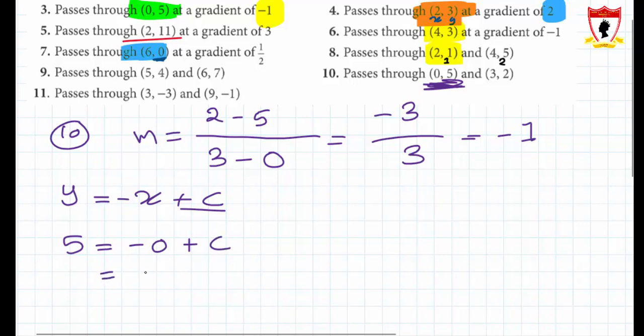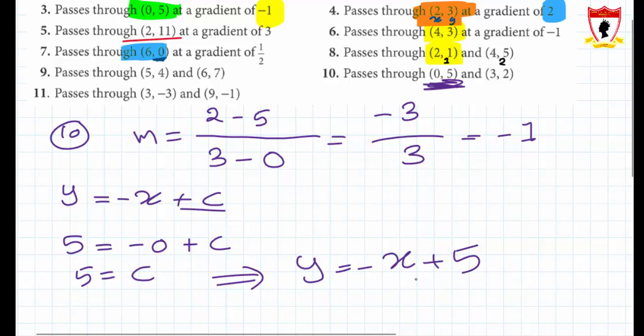Negative 0 is still 0, plus c is just c. So c is equal to 5. To complete the equation, we can rewrite it: y equals negative x plus 5 is the equation of question 10.